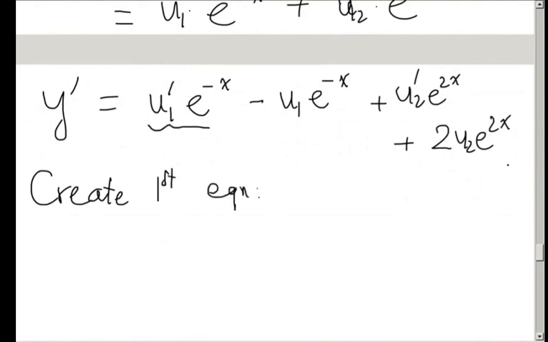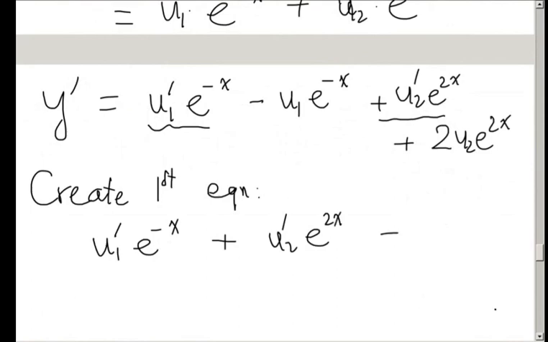By grouping the terms with derivative and setting that equal to 0, u1 prime e to the negative x plus u2 prime e to the 2x equals 0. This is equation 1.